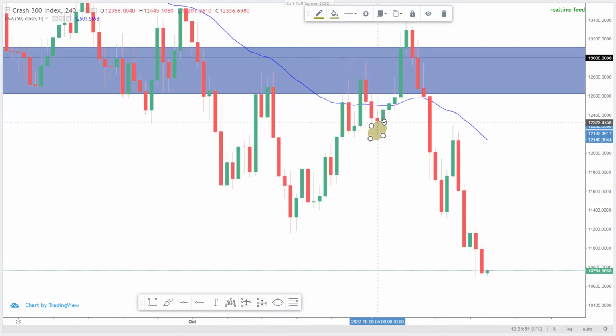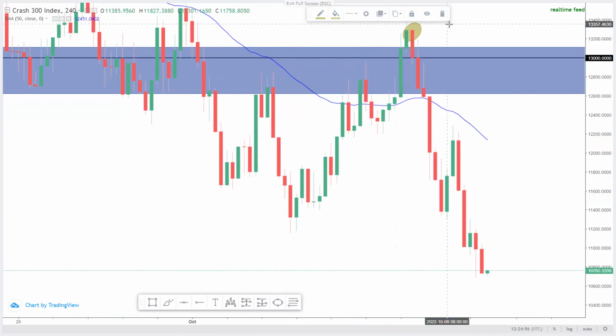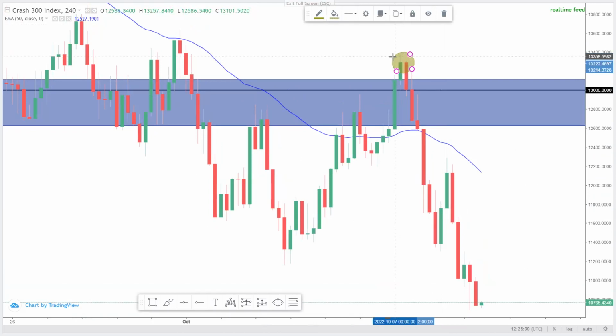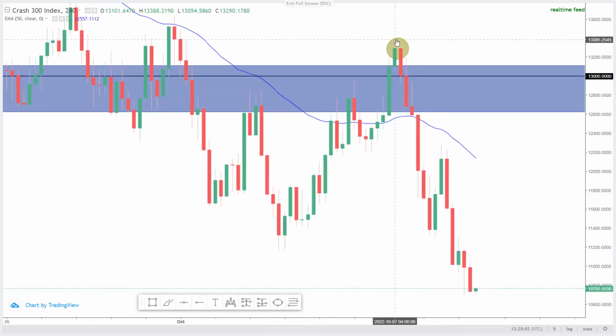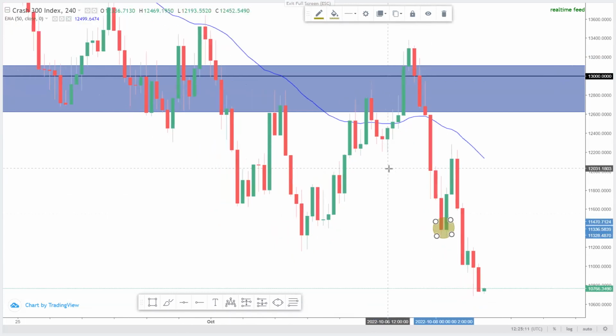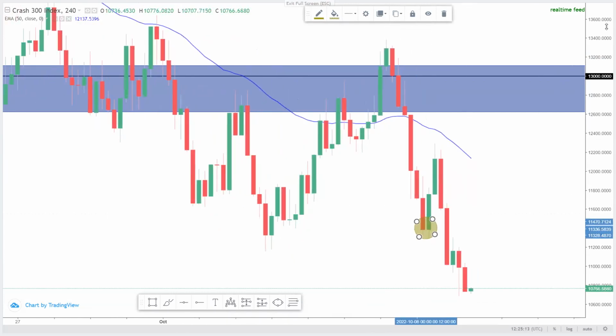We had a higher low, and then we had another higher high right here. Quickly, we had a sell-off, bringing us back to a downtrend from the 4-hour time frame perspective.